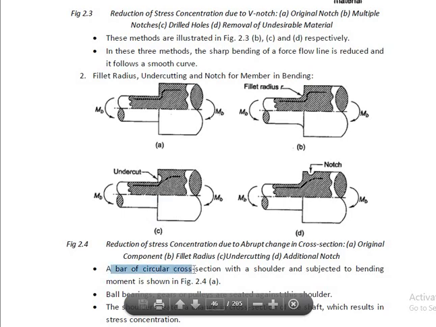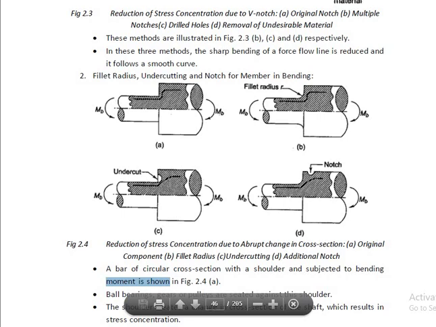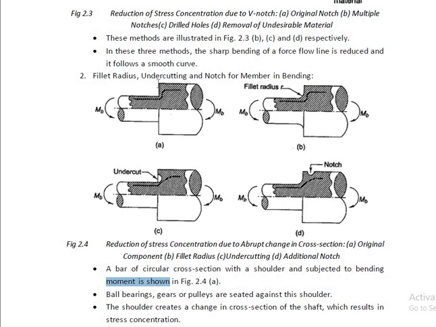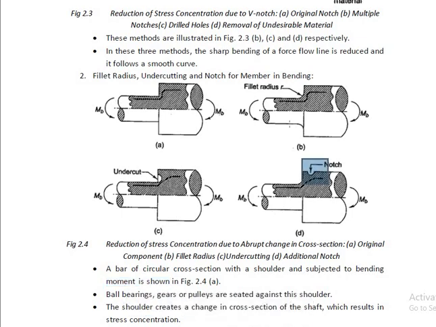A bar of circular cross section with a shoulder subjected to bending moment is shown in diagram A. Ball bearings, gears or pulleys are seated against the shoulder, and the shoulder creates a change in cross section of the shaft. The first method is providing a fillet radius, the second is providing an undercut, and the third is providing an additional notch on the component.